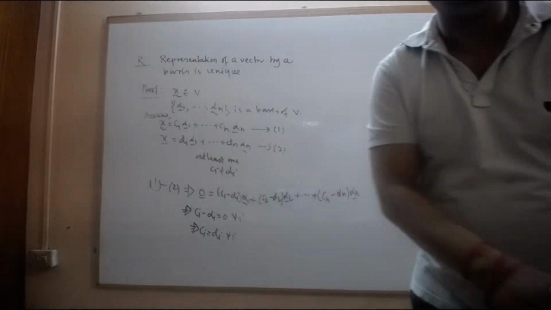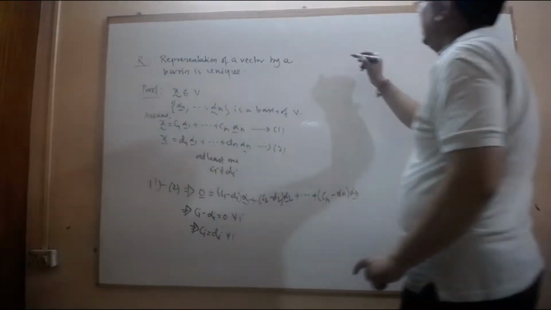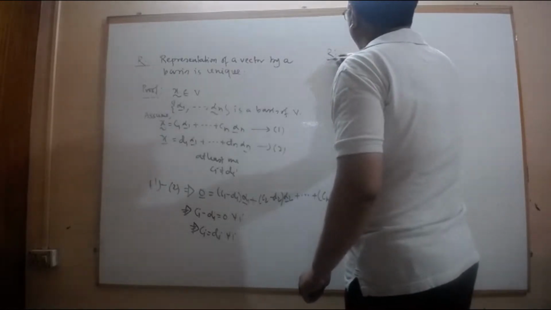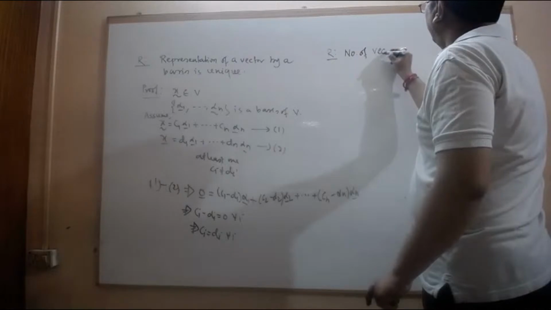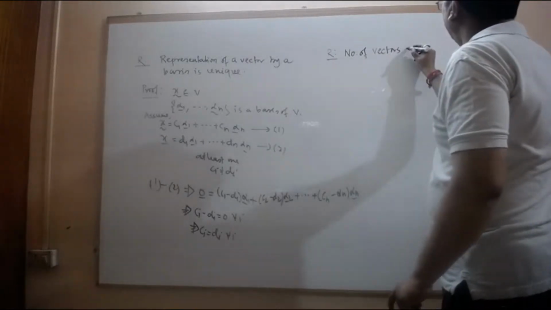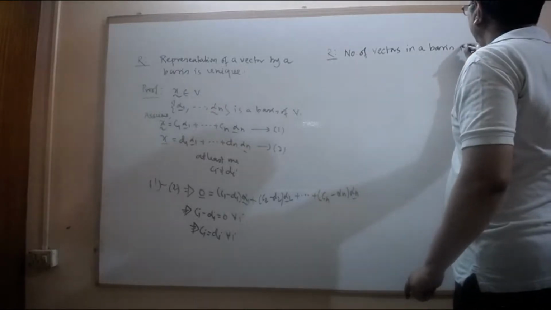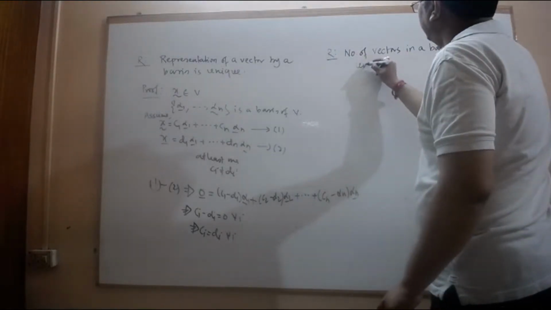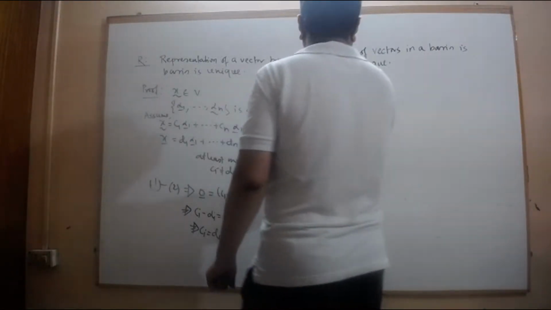And the last theorem for today's class is: the number of vectors in a basis is unique.